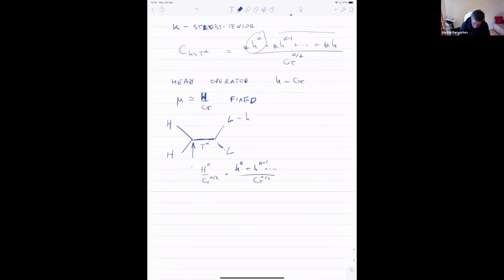So that's the product of two guys. Sorry, what was L, please? Oh, L is a light operator whose conformal dimension is little h. Thank you. So now the whole contribution is proportional to mu, which is the ratio of the heavy conformal dimension over CT.